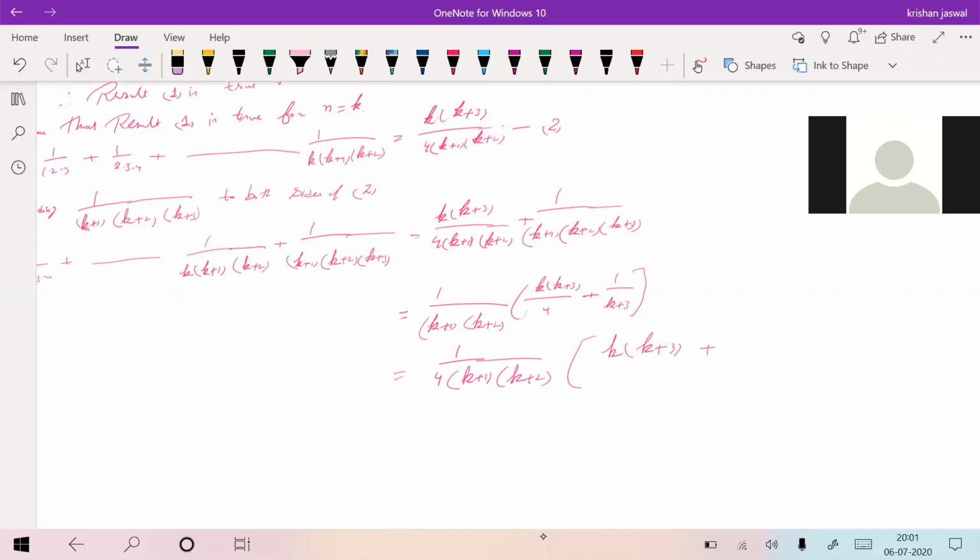We take 4 as common. When we divide 1 over 4 by this term, then 4 divided by 4.